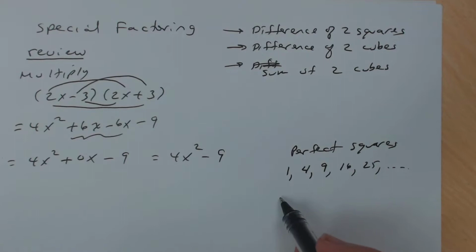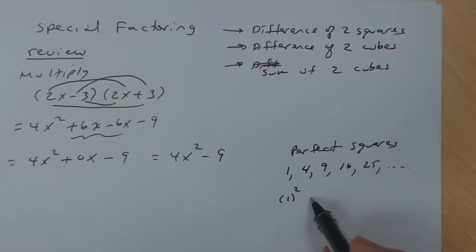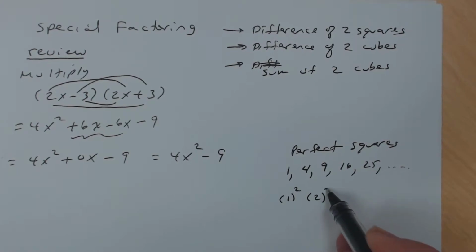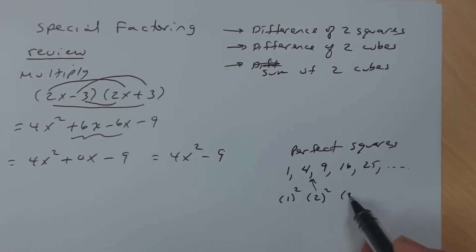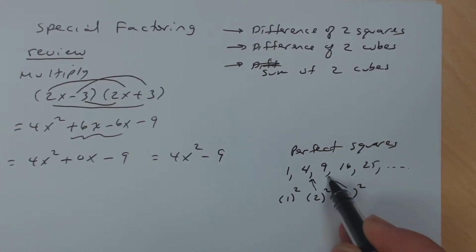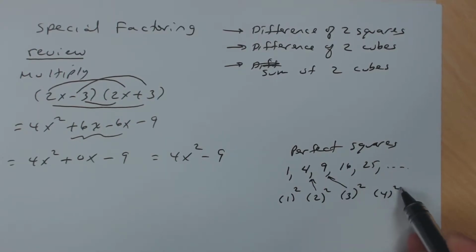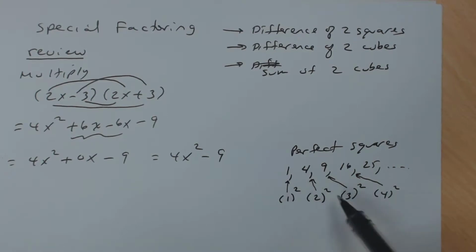And we get these by taking the whole numbers and squaring them. 1 squared is 1, 2 squared is 4, 3 squared is 9, 4 squared is 16, and so on. The next one would be 36. These are your perfect squares. There are an infinite number of perfect squares.